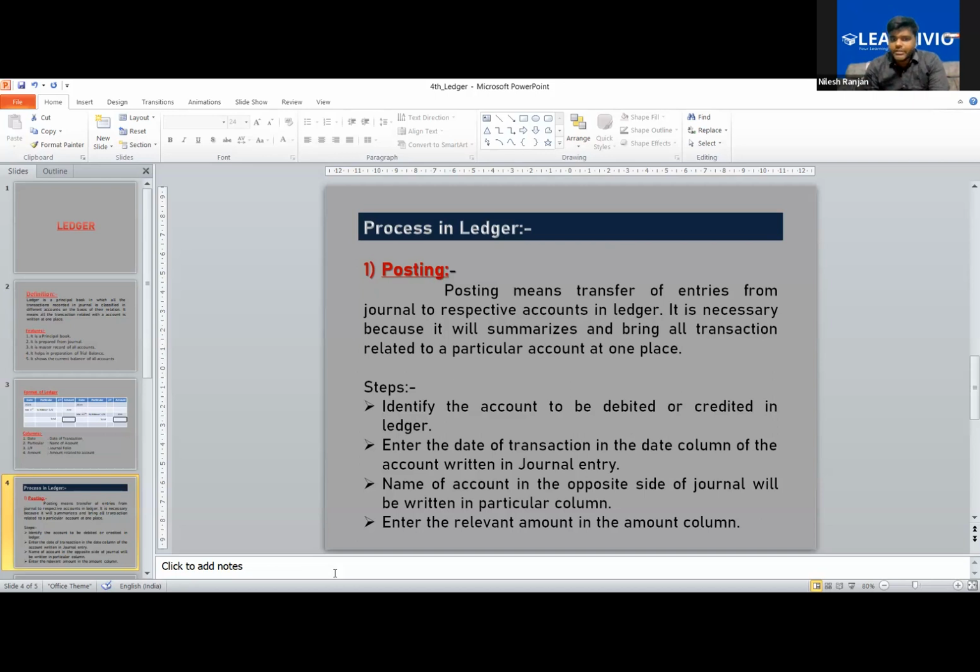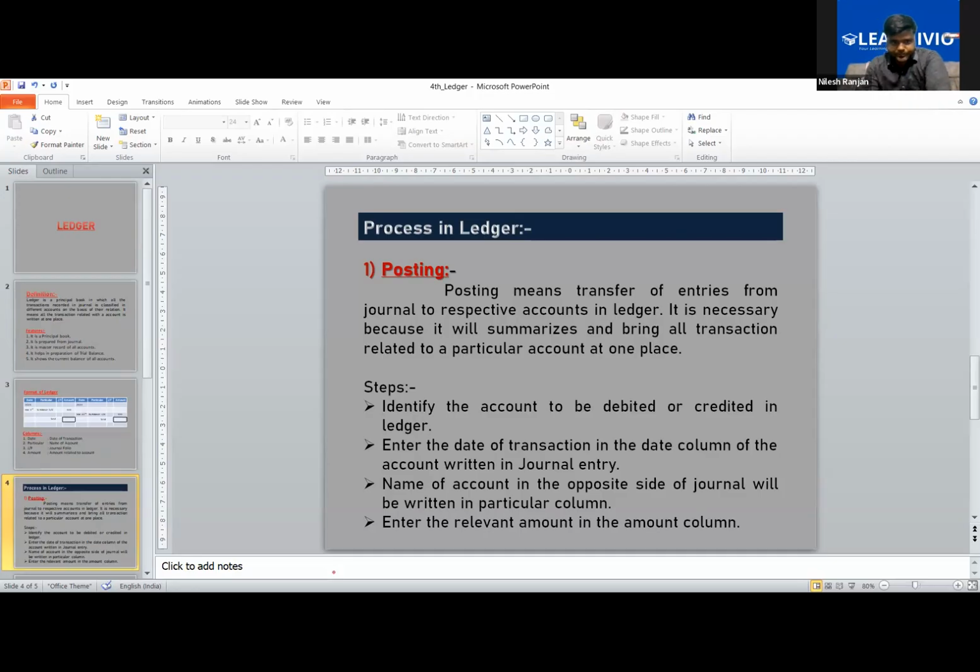Posting means transfer of entries from the journal to the respective account in Ledger. It is necessary because it will summarize and bring all the transactions related to a particular account to one place. The first step is to identify the accounts to be debited or credited in Ledger.